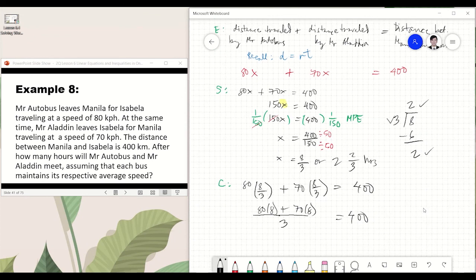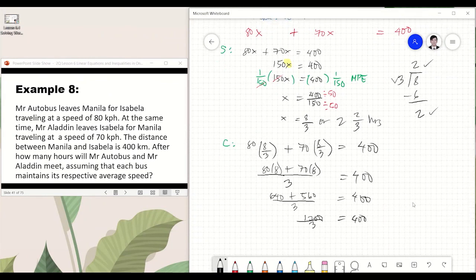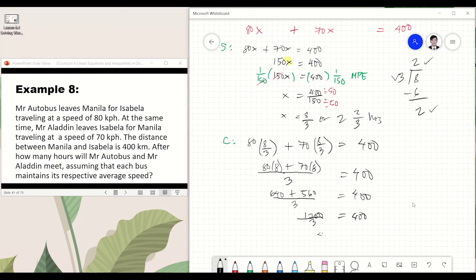So, 80 times 8 is 640. 70 times 8 is 560. 640 plus 560 is what? That is 1,200. Divided by 3, so yung makukuha natin is 400 din.